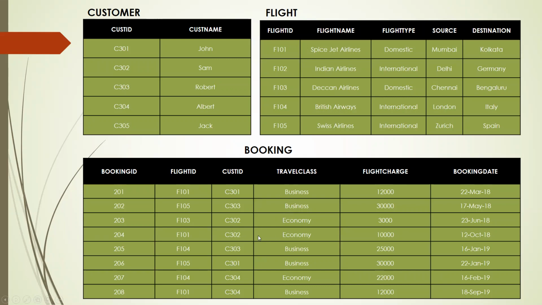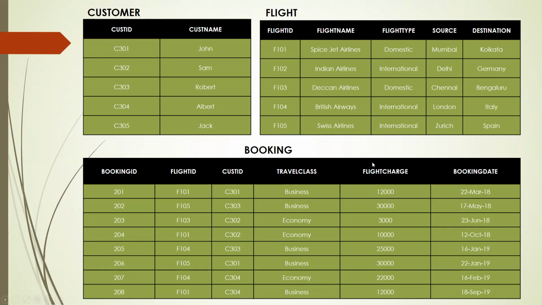We need customers who have booked tickets for all types of flights, so flight types like domestic and international. So for C301, if you see F101 he has booked, and also F105, which is international. Domestic and international he has booked.